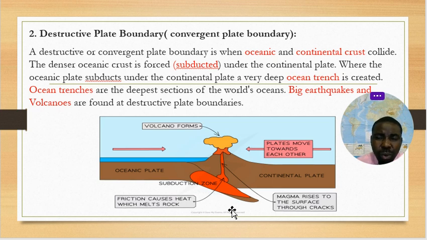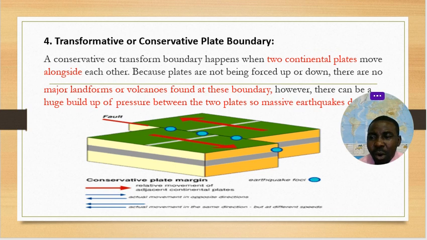And now we look at the third type of plate boundary, which I call transformative or conservative plate boundary. Here, plates move alongside each other.